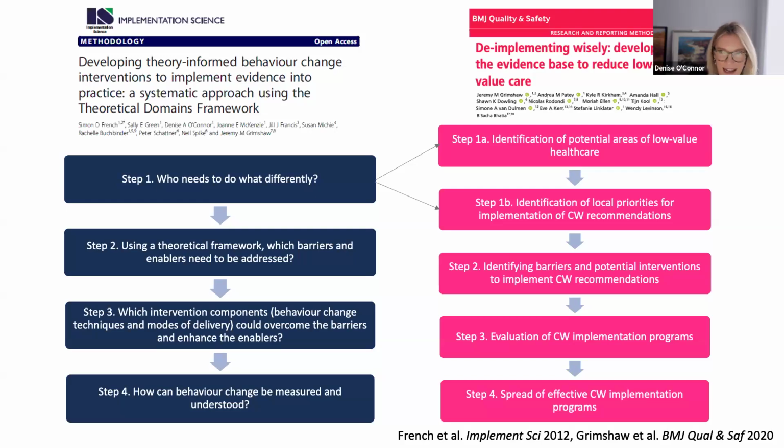The way that they did that in this particular model is that they explicitly elaborated on that first step, and they identified the need to establish local priorities for de-implementation. And they really emphasised the need to get early stakeholder involvement. And this is particularly important, and they made the case that it's particularly important when we are trying to remove or reduce low-value care that's already in the system. They also added a step focused on spread of effective programs in step 4.